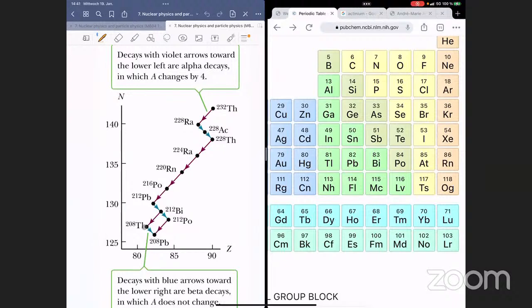Once you get the thallium 208, you can change. Okay, thallium is here. You can convert. One possibility is that you convert one neutron to become proton, right? So the number of nucleons will remain the same because the neutron or proton will stay inside the nucleus.